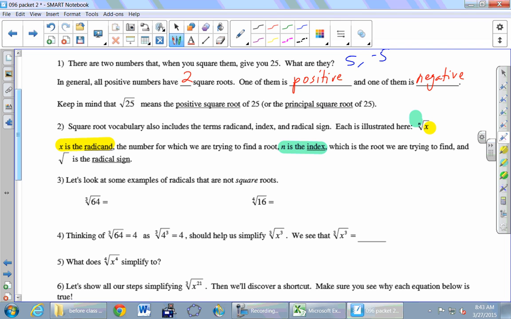Okay, so this first one right here, does anybody know how to read that symbol in English? It looks like 3 radical 64, but I don't want you to say it that way. Without the 3, we would call it a square root of 64, but that 3 means it's no longer a square root, it's a cube root. So this is looking for the cube root of 64.